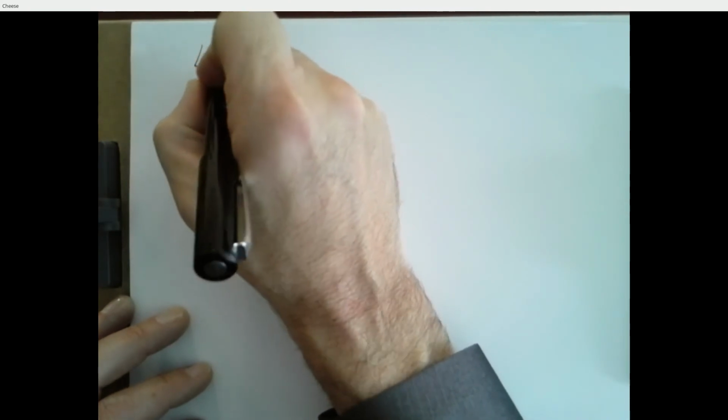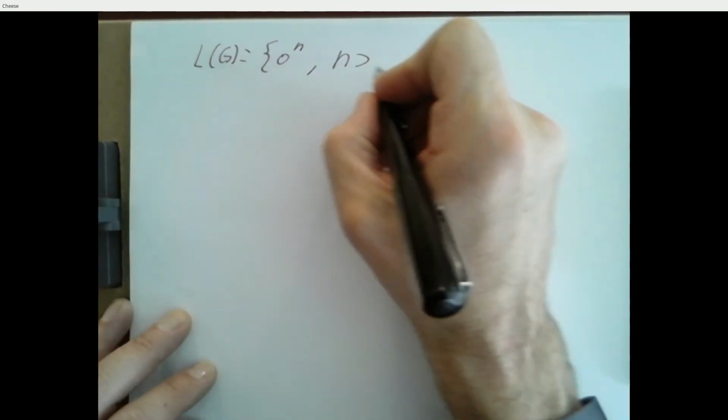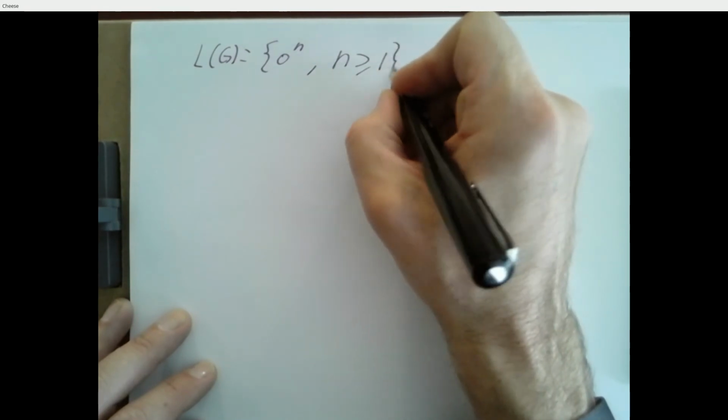So here's what I was saying a few minutes ago about the order, putting the A first or putting the A last. Let me look at a different example. So let's do 0 to the n where n is bigger than or equal to 1. Doesn't really matter.